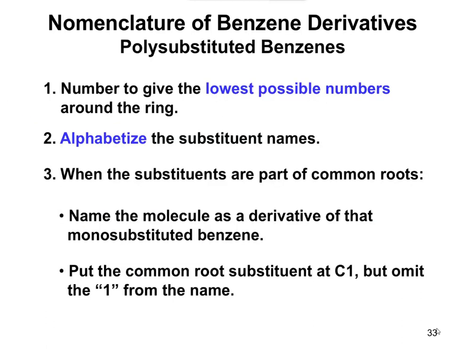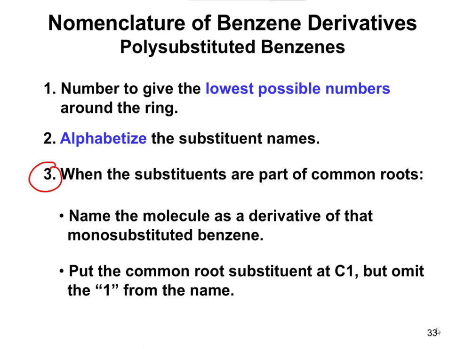All right? Okay, so whenever you have a polysubstituted benzene and we're trying to name it, we're going to follow the same rule that we talked about with the cycloalkanes, and that is you're going to give the lowest possible numbers around the ring. We're going to alphabetize the substituents. And then the one new thing here is this number 3, and that is that when the substituents are part of common roots, so in other words, you have a toluene, or you have a phenol, or you have an aniline, you're going to basically name the molecule as the parent chain.